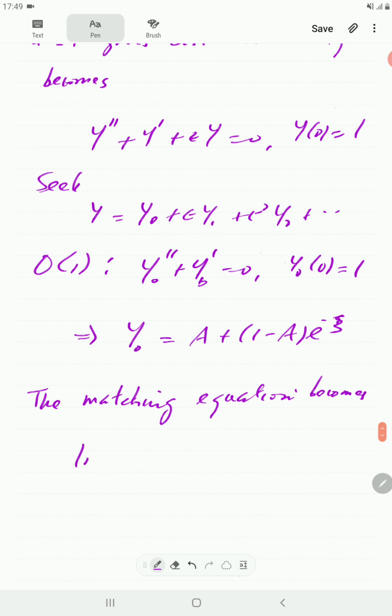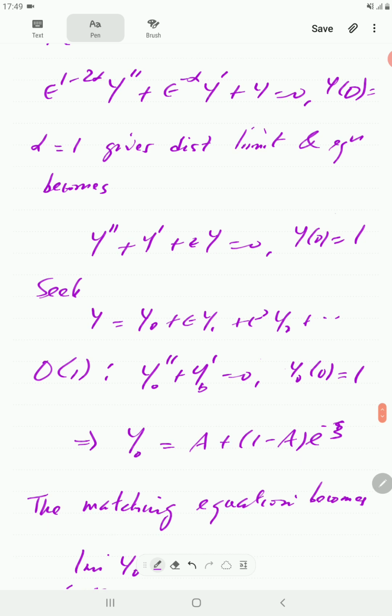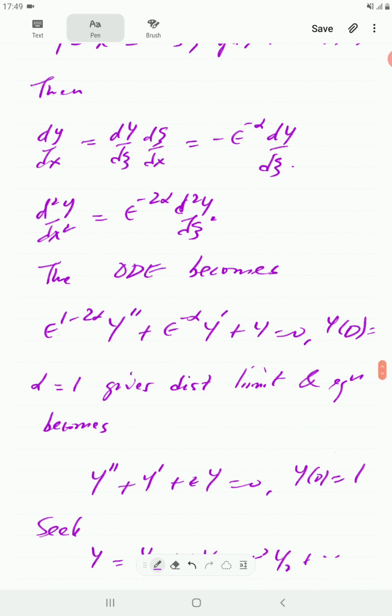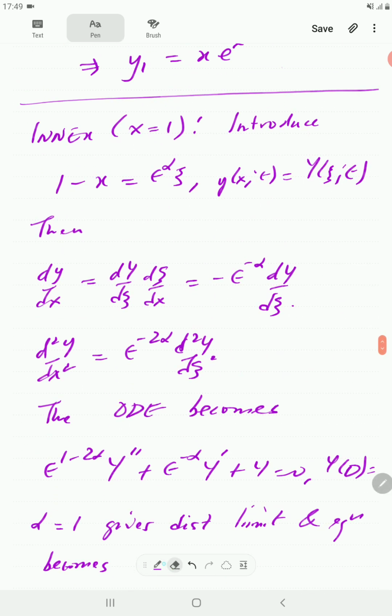So the matching equation becomes limit of y naught as xi goes to infinity. Notice that because of this negative here, as x goes from 1 towards 0, xi goes to infinity.